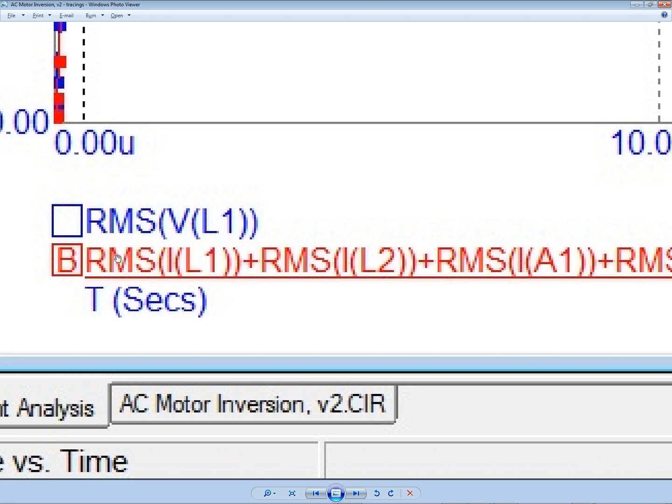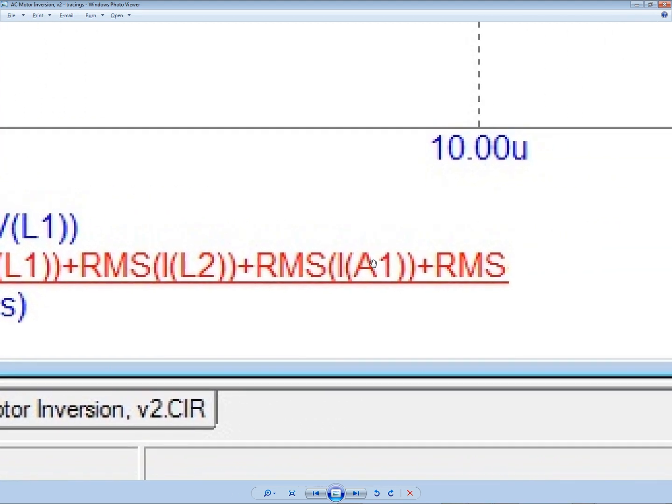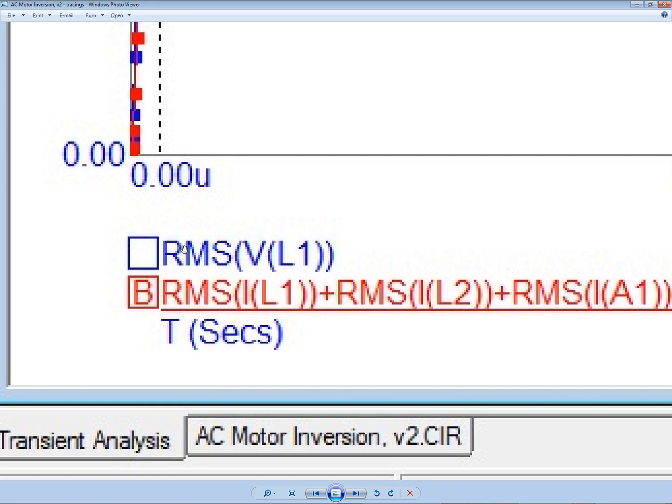So RMS is the function of the current of L1 added to the RMS function of the current of L2 and A1 and A2 over here that was cut off, and then they're added all together. And then you take the RMS of the voltage of L1. Now to do the wattage, you have to multiply this times this and then take the RMS of that.